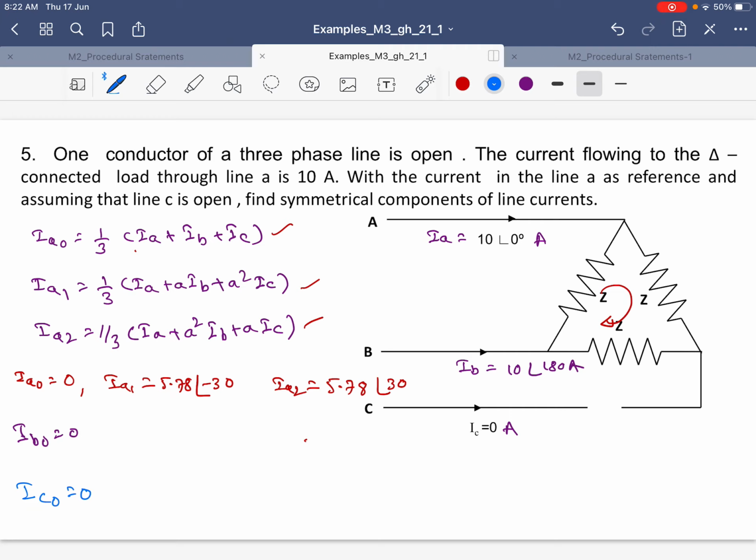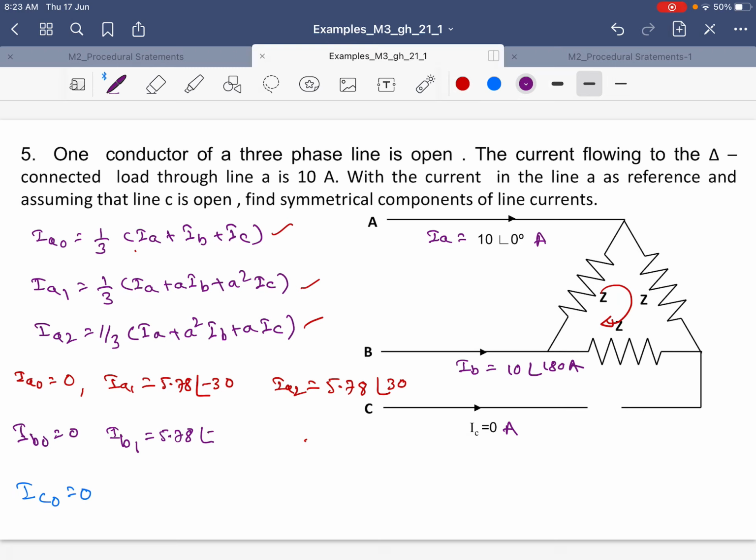Then the next value you have to calculate is IB1. IB1 is a squared times IA1. Then what we are getting here is 5.78 at an angle of minus 150, which is also the same if we add 240 to the value.